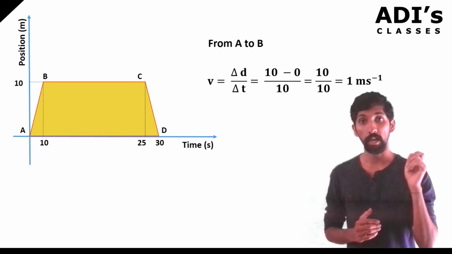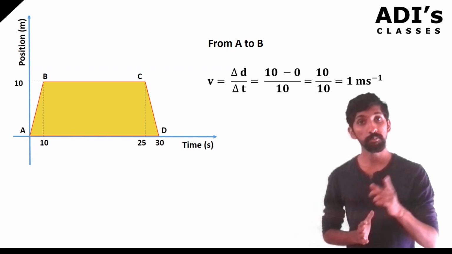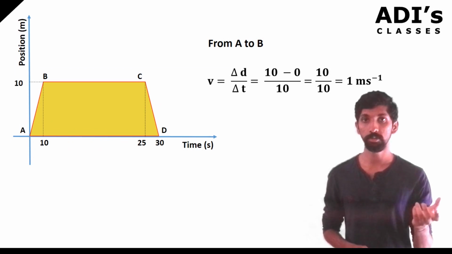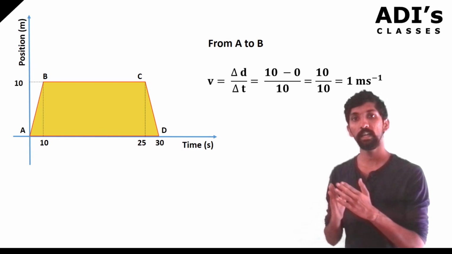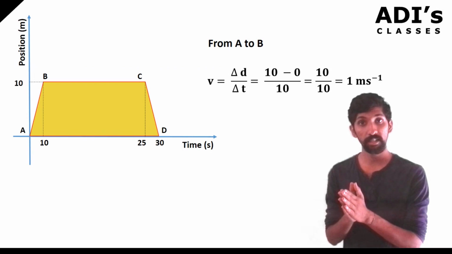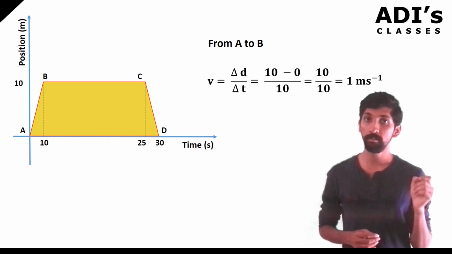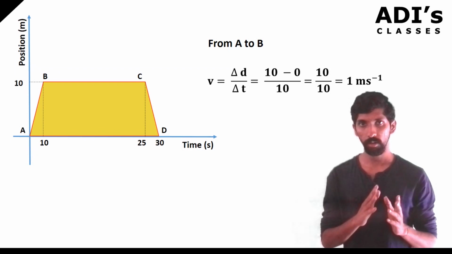So the velocity at the 5th second will be 1 meter per second. Since this is uniform velocity, at the 5th second, 7th second, or even 2nd second, everywhere the velocity will remain the same, 1 meter per second.